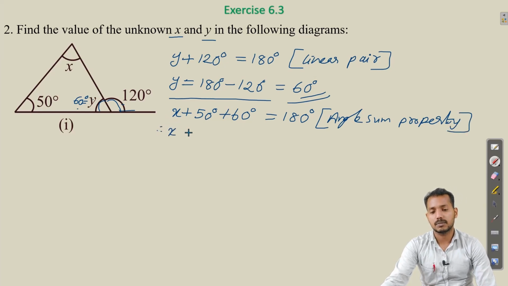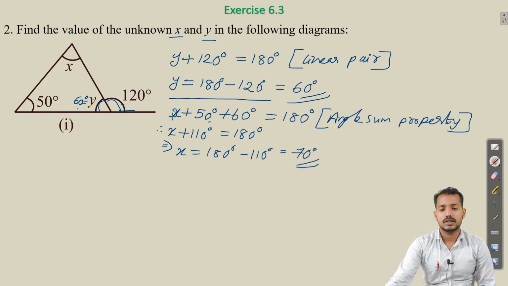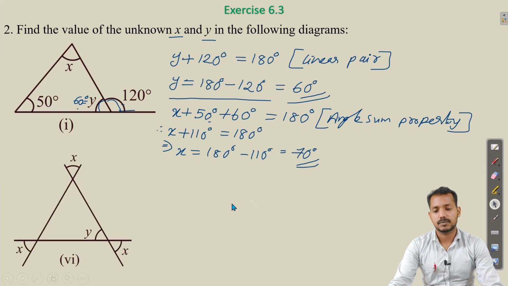Therefore, x plus 50 plus 60 is x plus 110, which is equal to 180 degrees. You have a simple equation, solve it. That implies x is equal to 180, take 110 to the right side, it will be minus 110, which is equal to 70 degrees. So now we got the values of both x as well as y.